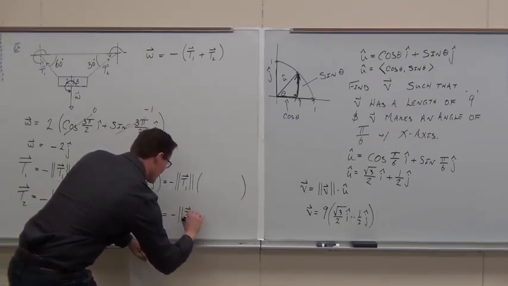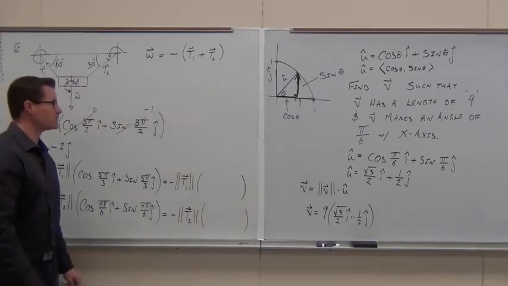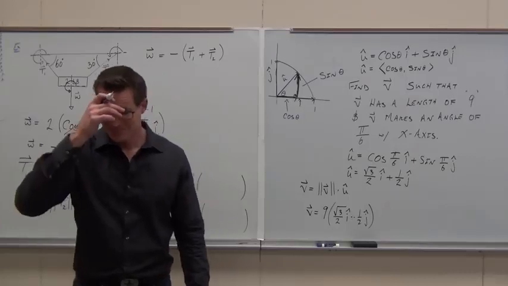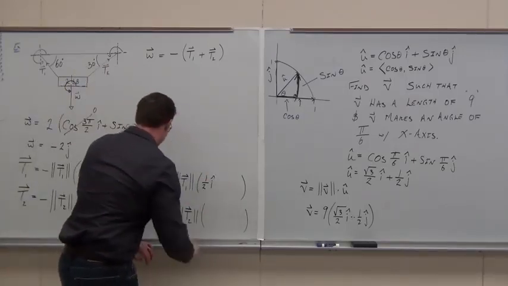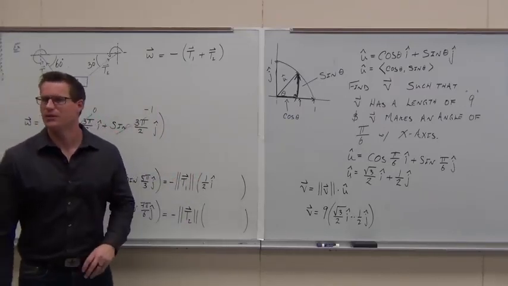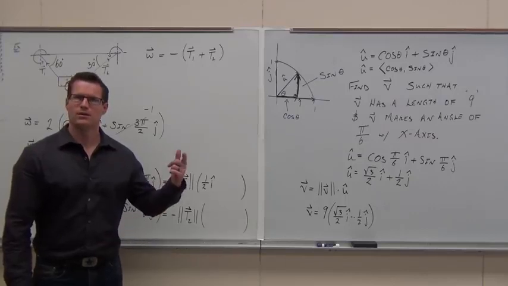Let's do it. It's positive 1 half. Is it negative half? Do you know what sine of 5 over 3 is? It's probably the other one, and probably negative. The first one's positive. Negative square root of 3 over 2. Oh, it's this. Yeah.